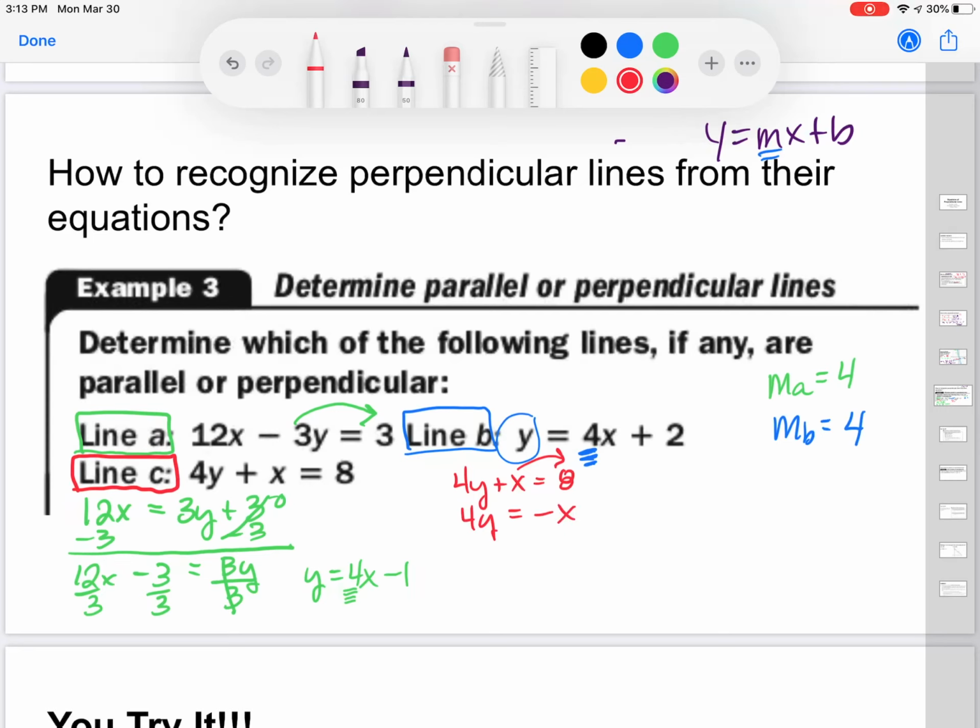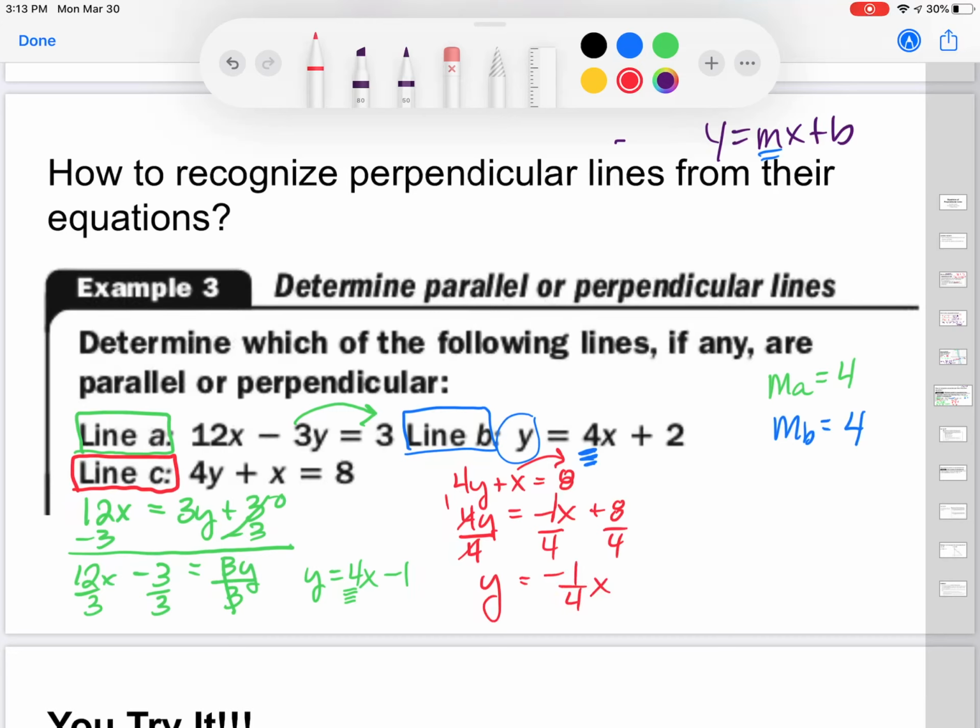I get a negative x plus 8. And then I'm going to divide by 4 in every term. And remember this, minus x is really a minus 1 times x, okay? And that gives you 4 divided by 4 is 1 times y is y. And I get a negative 1/4 times x.